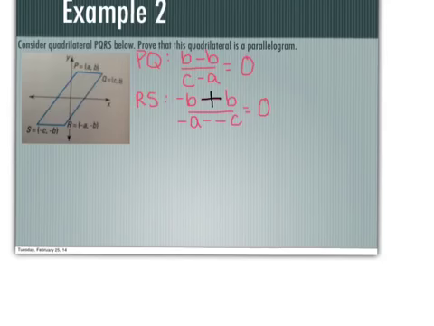So let's do from Q to R. If this is my coordinate number 2 and this is my coordinate number 1, I'm going to do B minus negative B over C minus negative A. Kyle, this might be what you were thinking of.